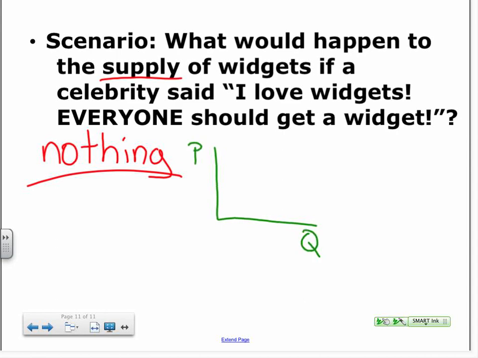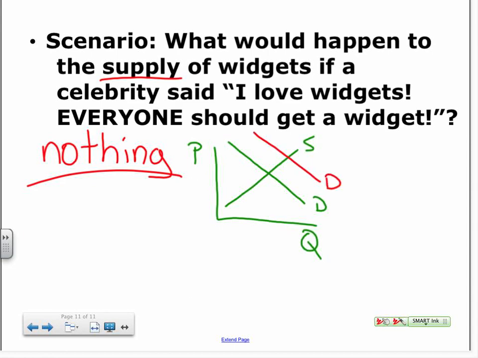Price, quantity, supply, demand. Well, the supply curve is not going to change because this question has nothing to do with the cost of production of widgets. This has to do with the popularity of widgets, which causes an increase in demand.